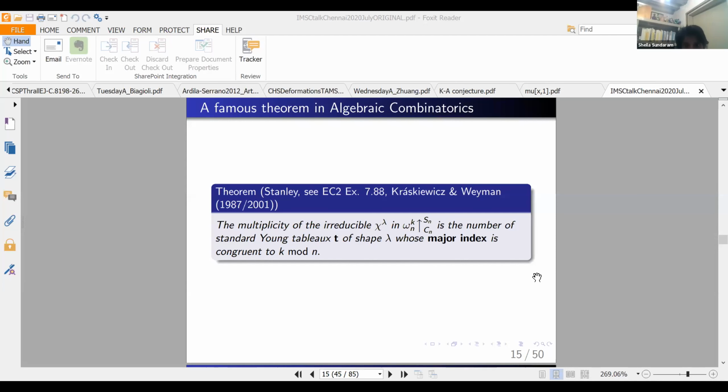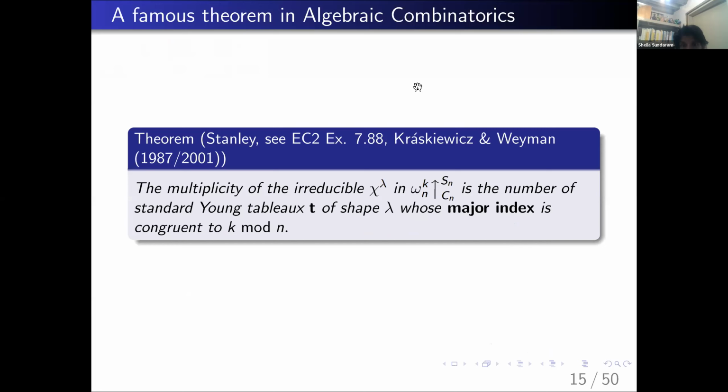Okay. Can you see that? Yes. Let me make it full screen. Is that good? Yes, yes.